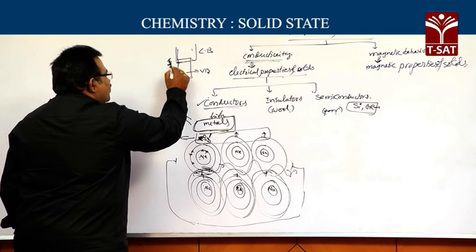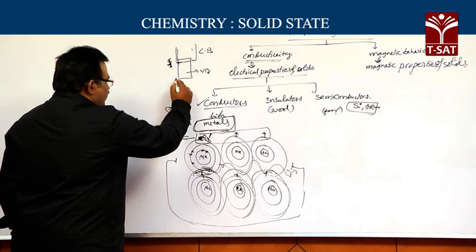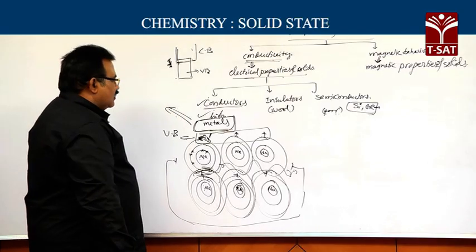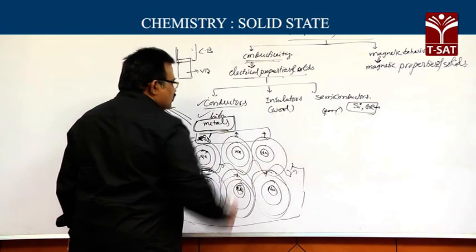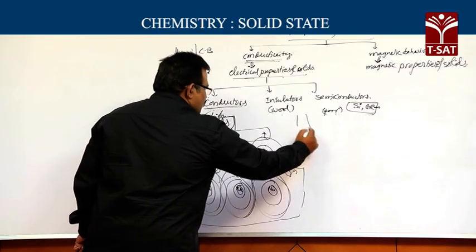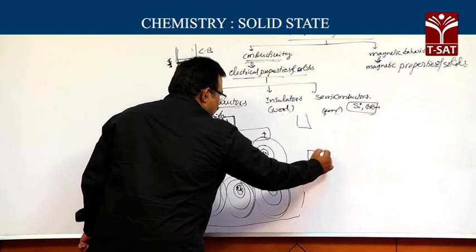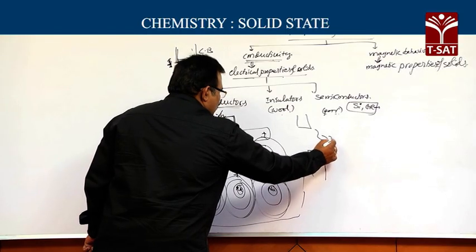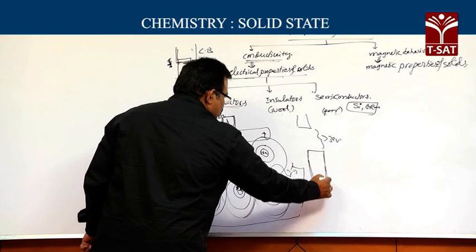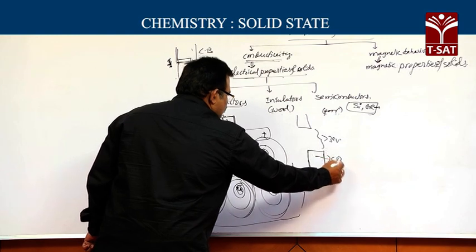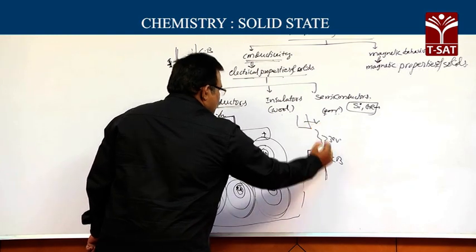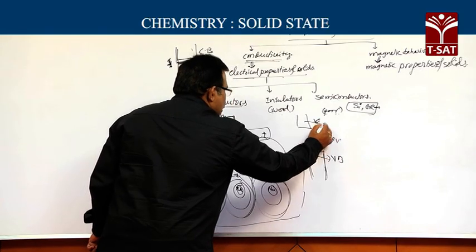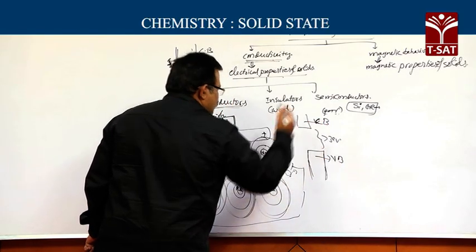There is no forbidden gap, that is why metals are good conductors. Whereas in insulators, there is a large gap, more than 3 electron volts, present between the valency band and the conduction band.